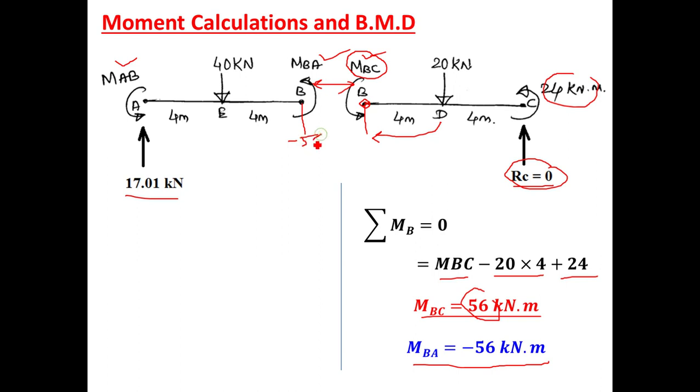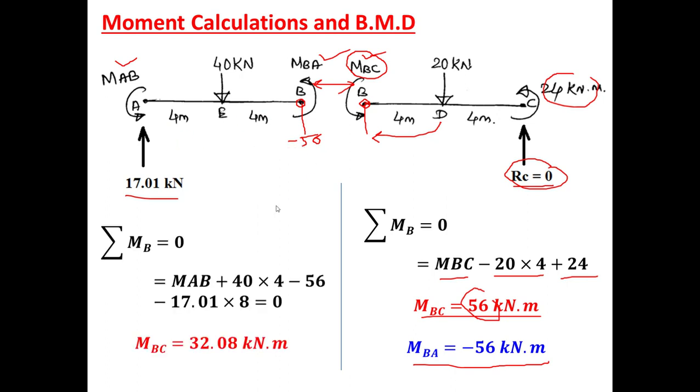Now using this minus 56, apply summation of moment about point B equal to 0 in the first span, that is AB. This is the MAB moment, anti-clockwise, so positive. Then moment of 40 kilonewton about point B, perpendicular distance is 4, so 40 into 4, anti-clockwise, so positive.